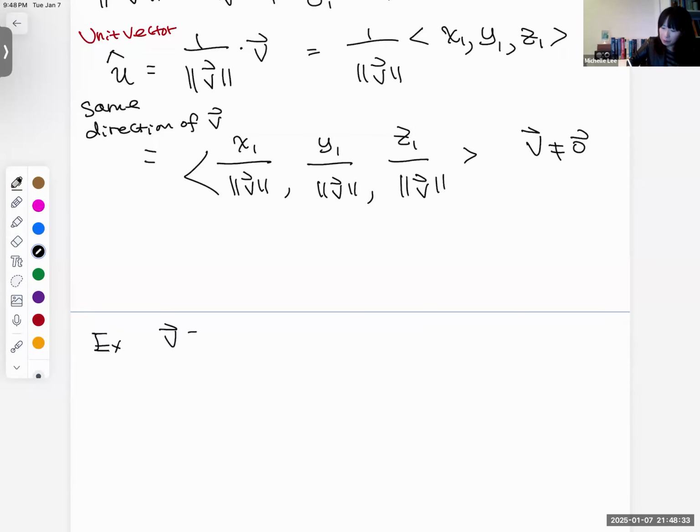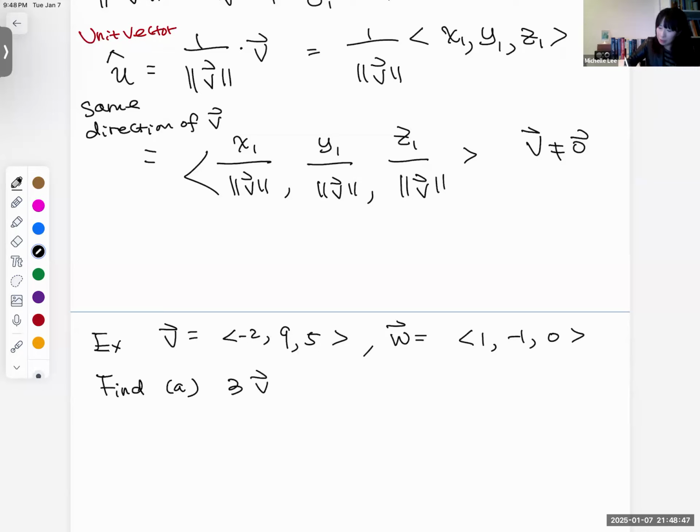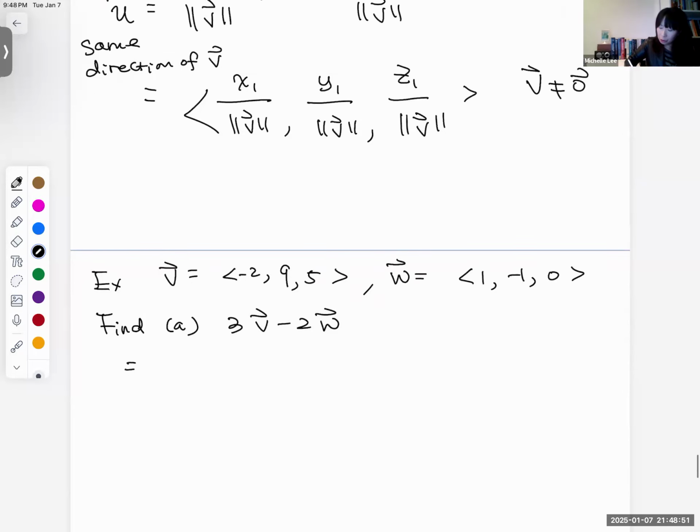Example. Vector v equals -2, 9, 5. w equals 1, -1, 0. The first one, find 3v minus 2w, right? So how do we do it? Scalar multiplication first. 3 times the vector v, -2, 9, 5, minus 2 times w, 1, -1, 0.